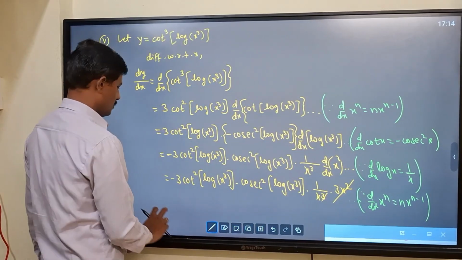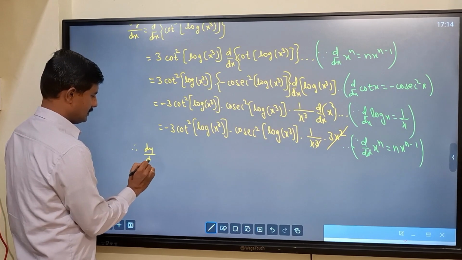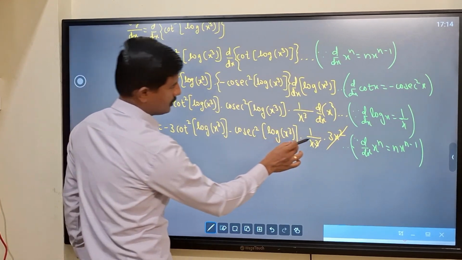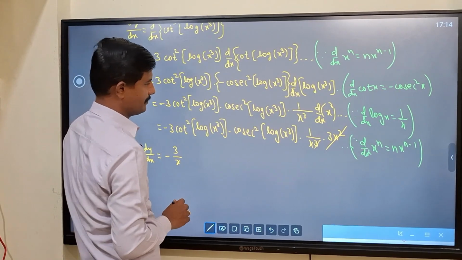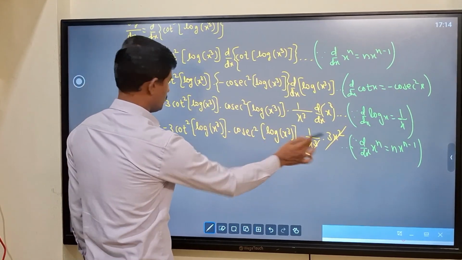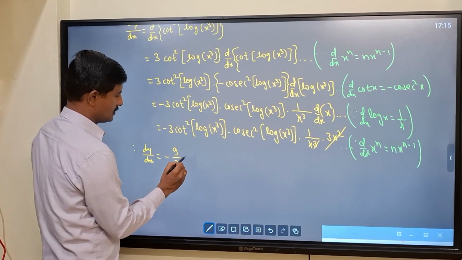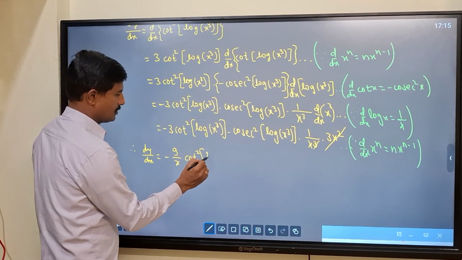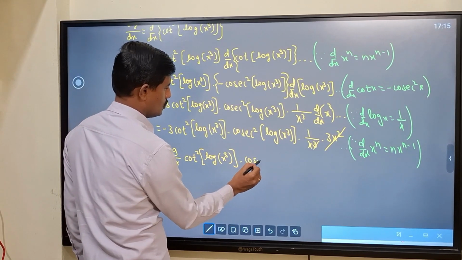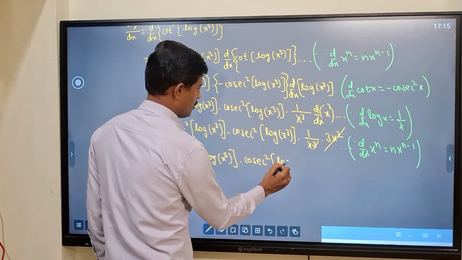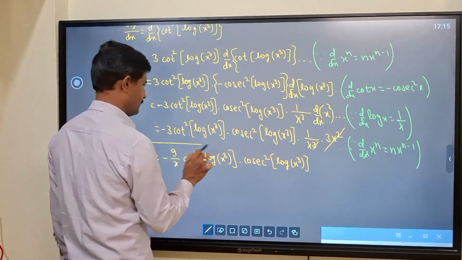Now your answer, therefore dy by dx is minus 9 by x cot square log of x cube into cosec square log of x cube, since 3 threes are 9. This is your answer.